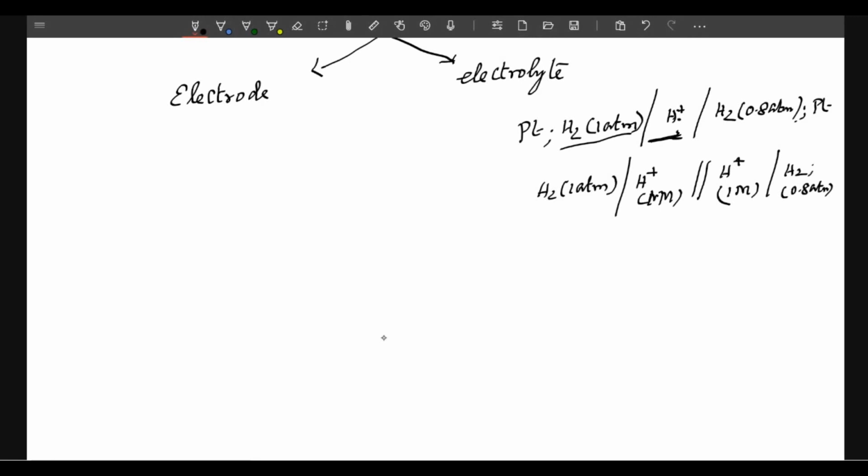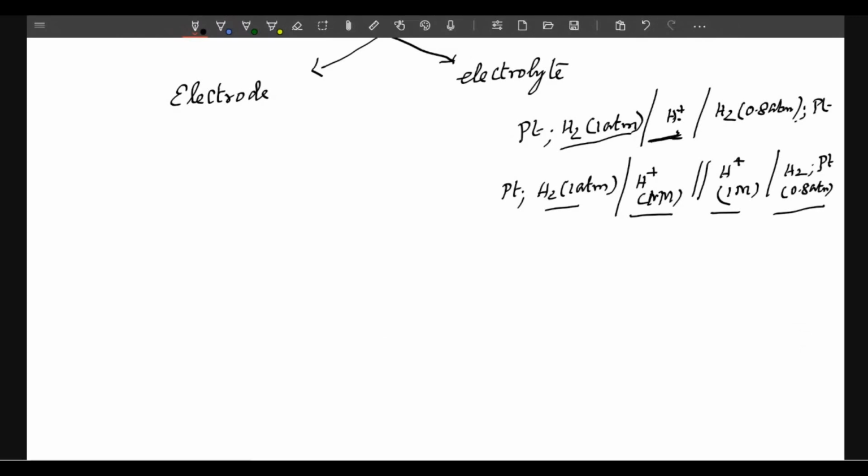Concentration cells are of two types: the electrode concentration cell and the electrolyte concentration cell. To know whether it is an electrode concentration cell, look at the electrolyte, whose concentrations should be the same, and the electrode activity should be different. They would be the same electrode, but their activity would be different, here 1 atmosphere and 0.8 atmosphere.